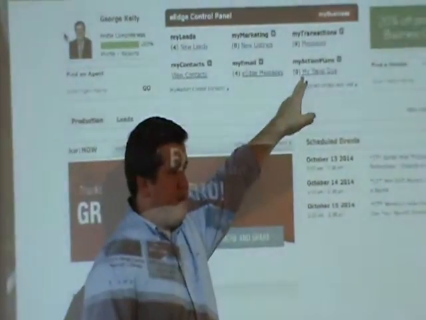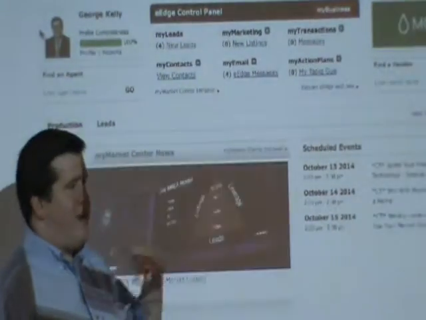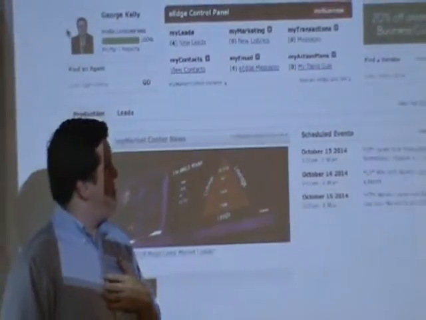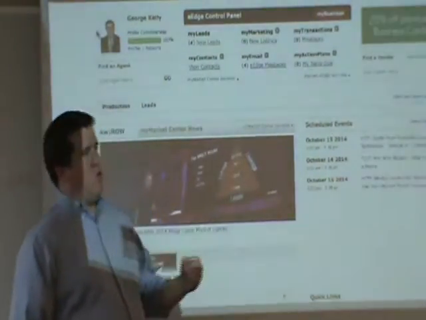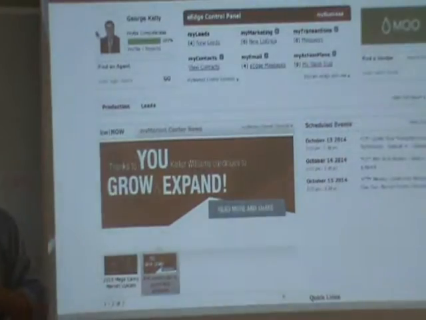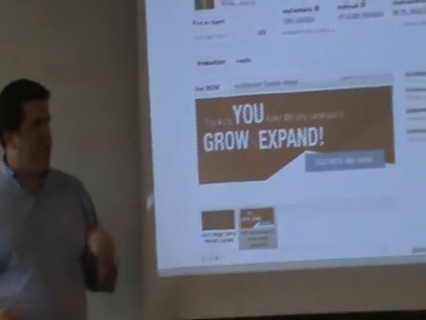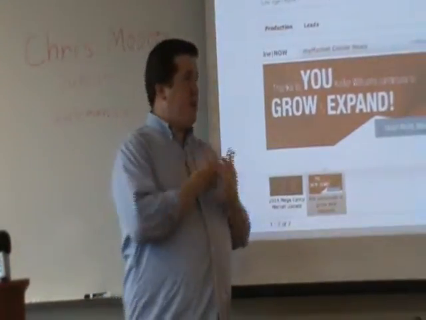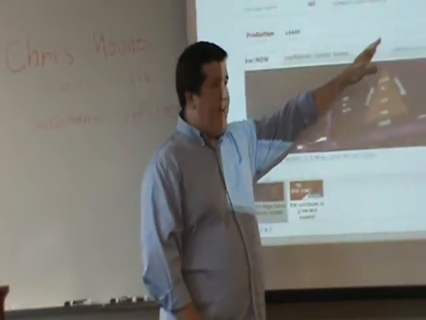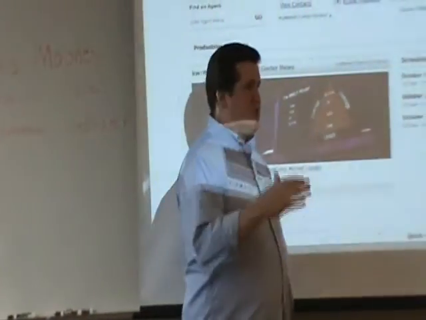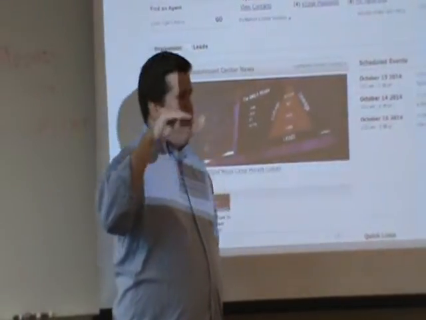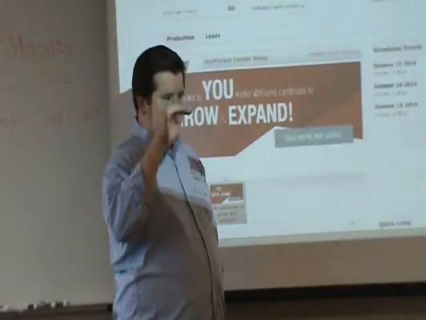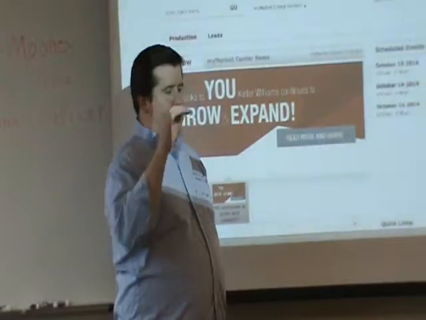My action plans, this is literally a spot, and I'm very bad at using this, but it's a great tool for systemization for a new agent. Meaning, you take a new listing, you can go into my action plans and set up a preset action plan. It has some templates that you can modify.